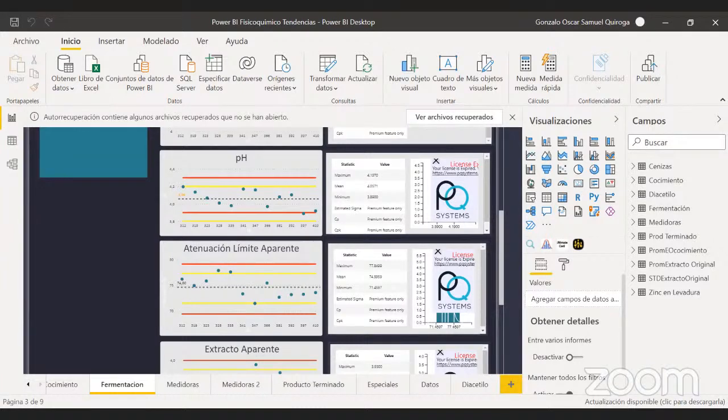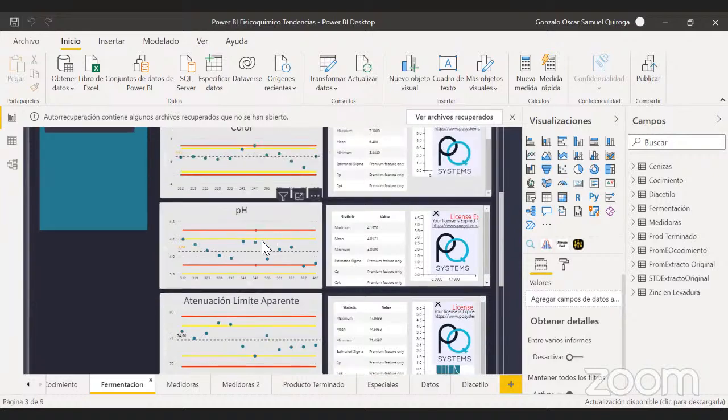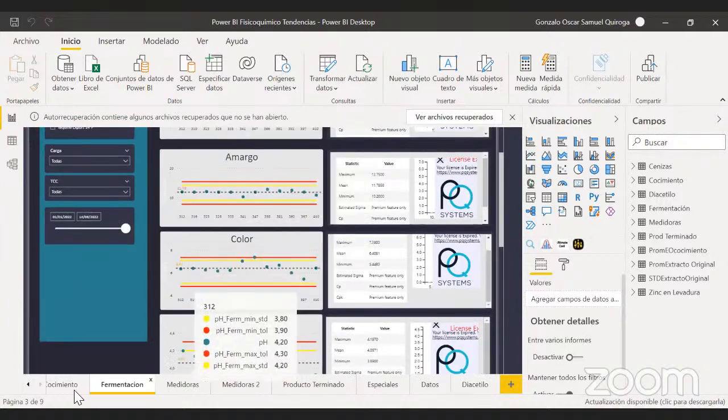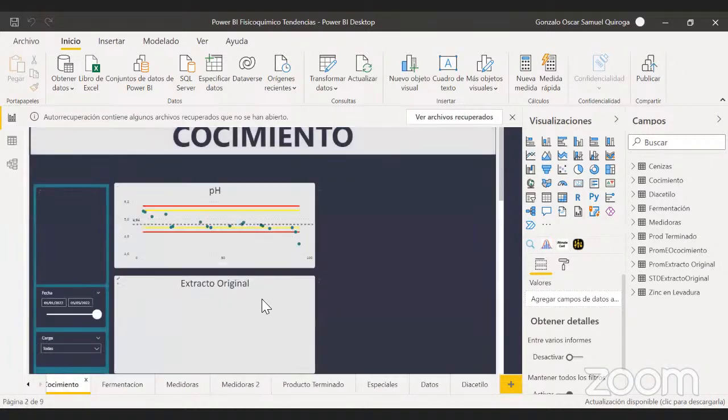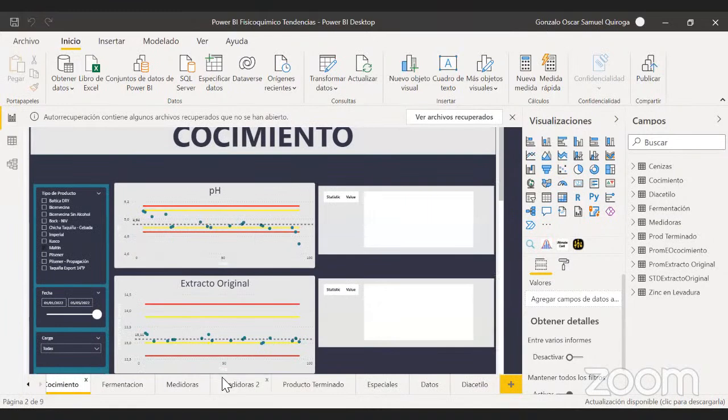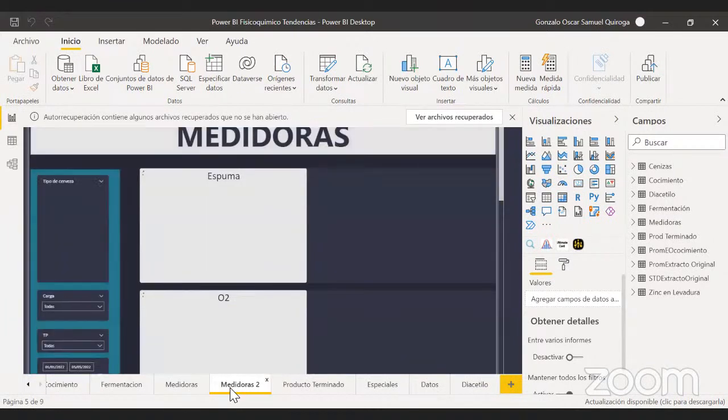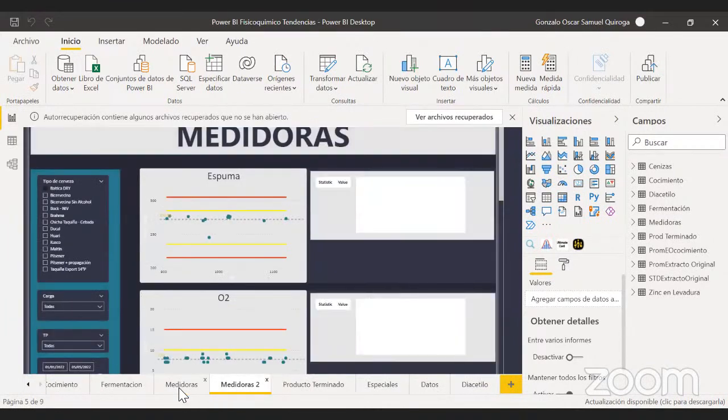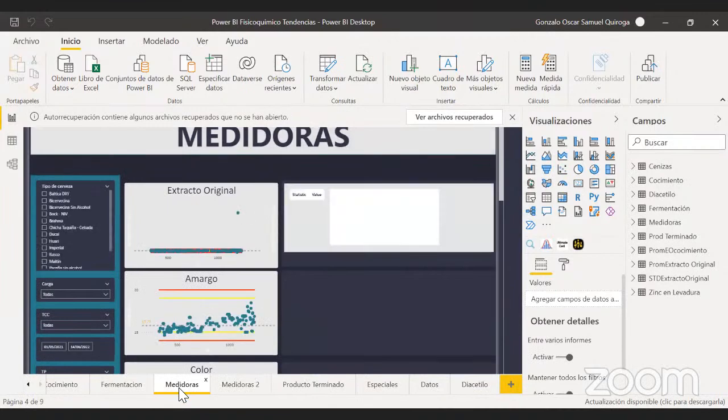Each liquid has a standard in each part of the process, so I put these limits in each part of the process, so I can see whether it's going out of range or if there is a relationship backwards.